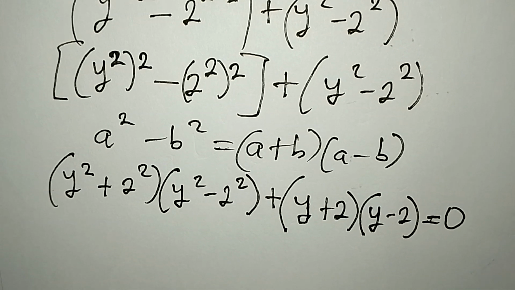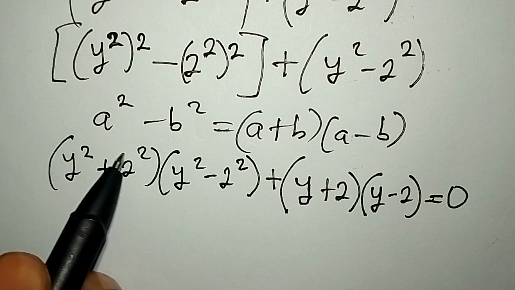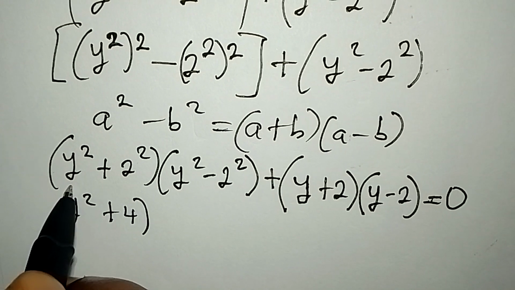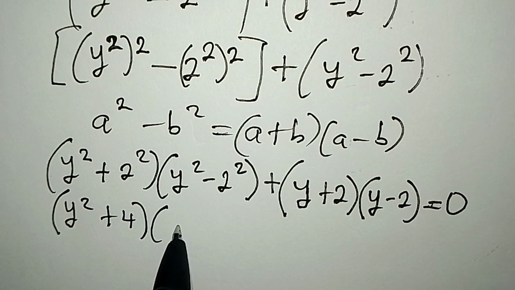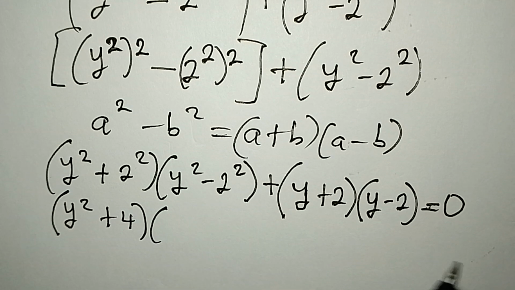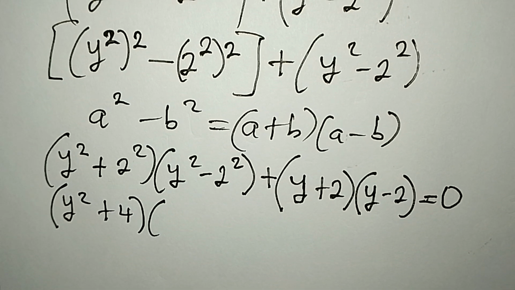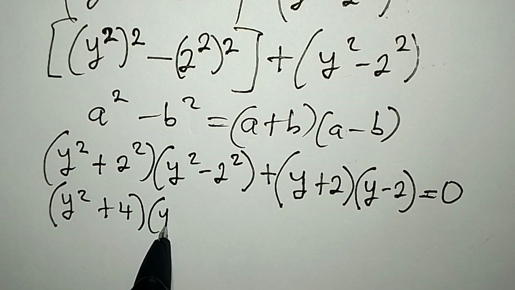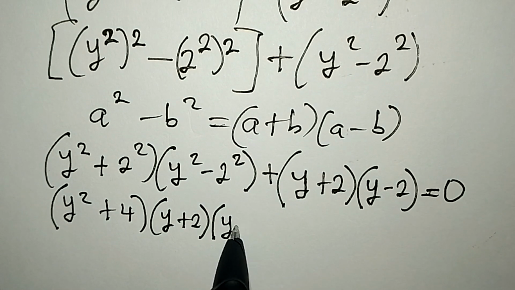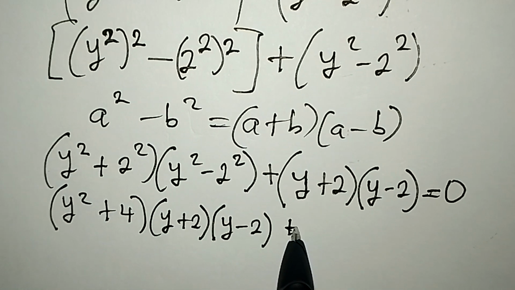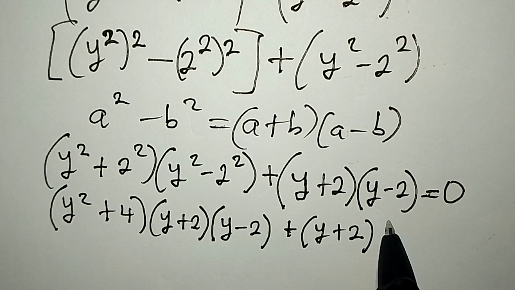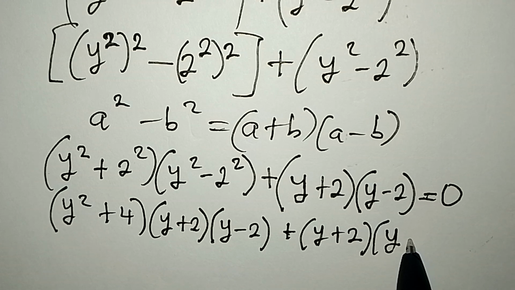0. Now, from here I can no longer apply difference of two squares, so I can have y squared plus 4. This is one of the factors. Then here I can still apply difference of two squares, so that if I do that, I will be having y plus 2 into y minus 2, then plus open bracket y plus 2, then into y minus 2.